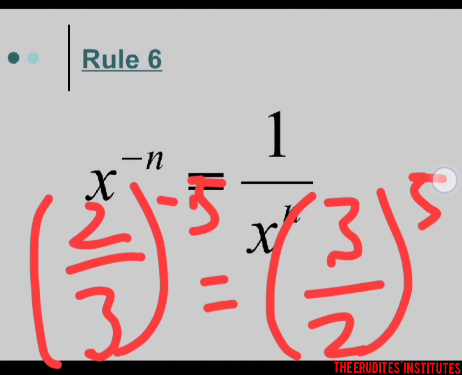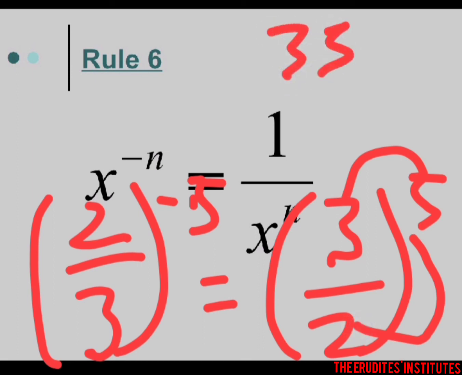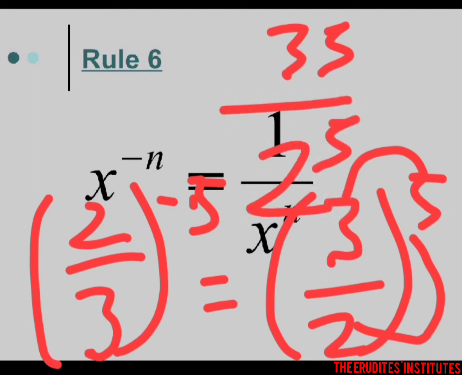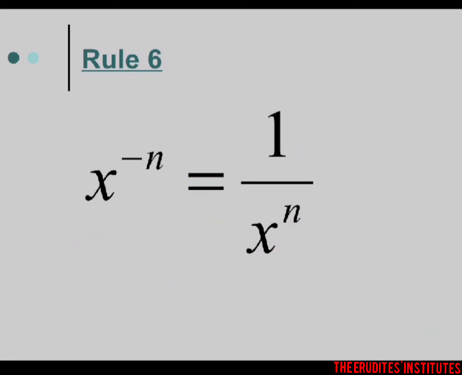But let's keep in mind that anytime we have a fraction in a bracket like this with an exponent of 5, this index affects both the denominator and the numerator at the same time. So this could be written as 3 index 5 all over 2 index 5. Let's keep that in mind.